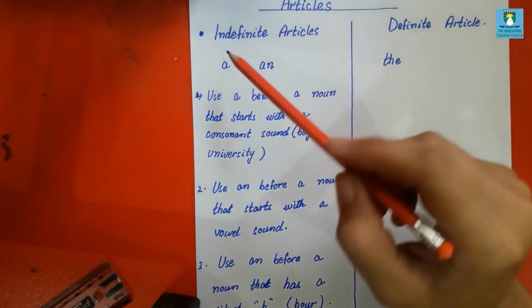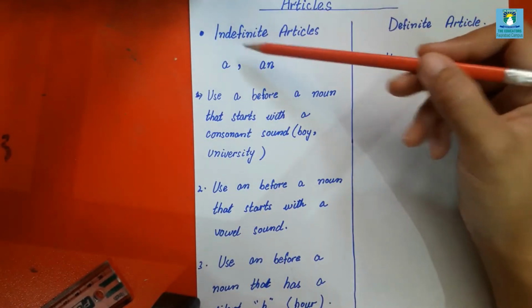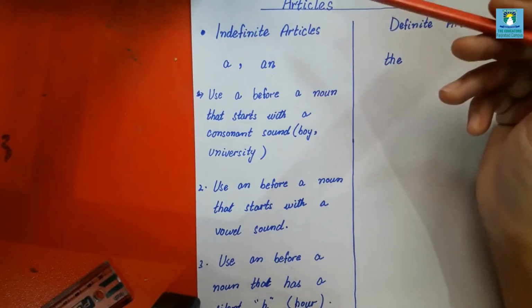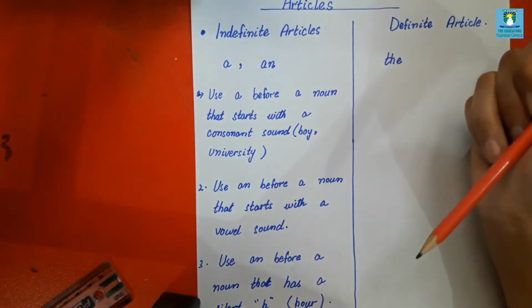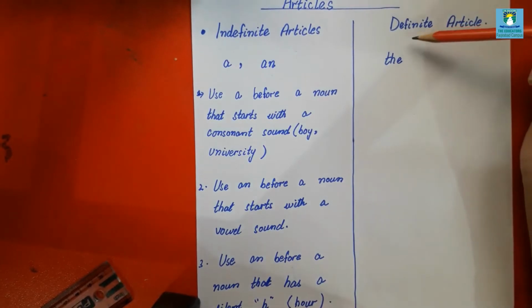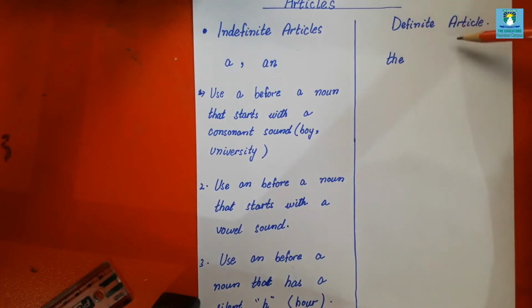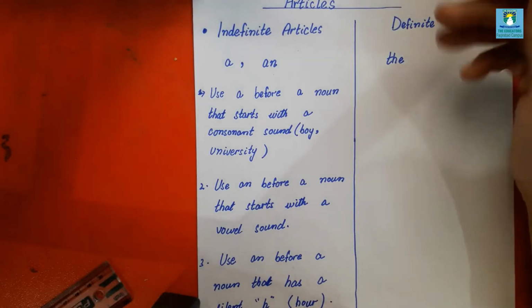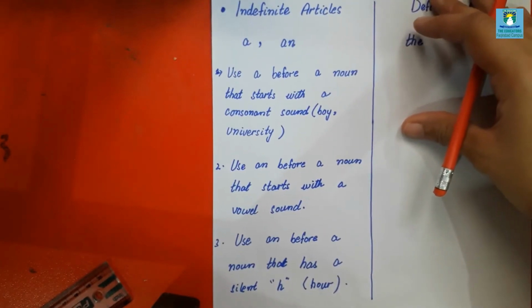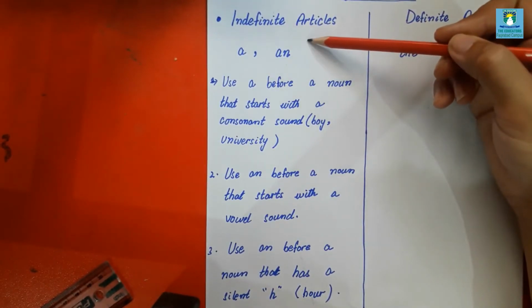Today we will only study indefinite articles, and in our next lecture we will discuss definite articles, when and where we use them. Today we will study when and where we use indefinite articles.